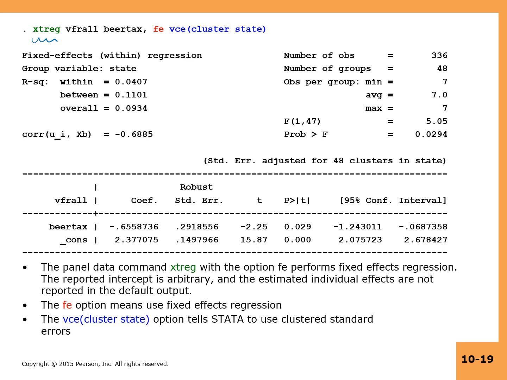So the command is xtreg with the dependent variable y and independent variables, with the option fe for fixed effect. You can see that this command gives you the coefficient for the main variable of interest, but not the coefficients for the state fixed effects.